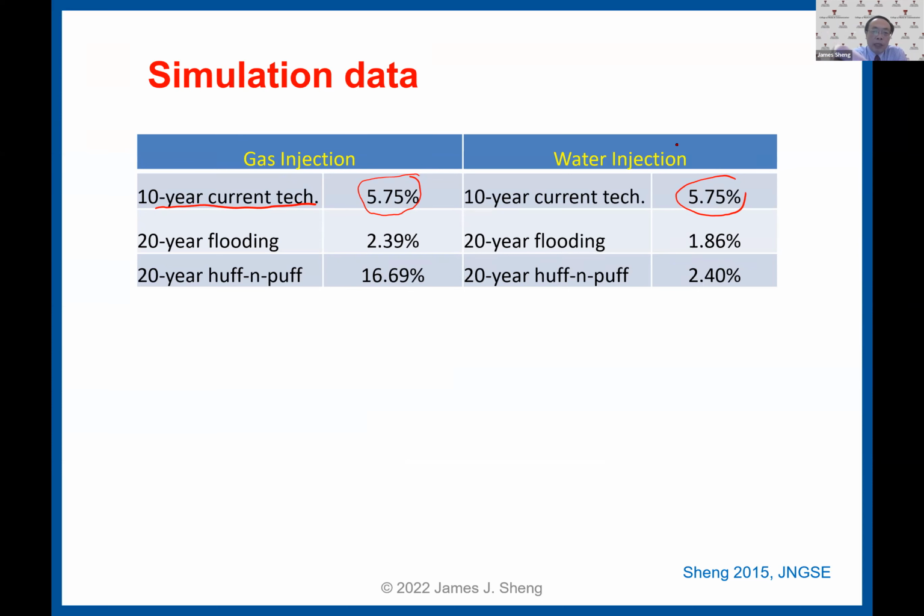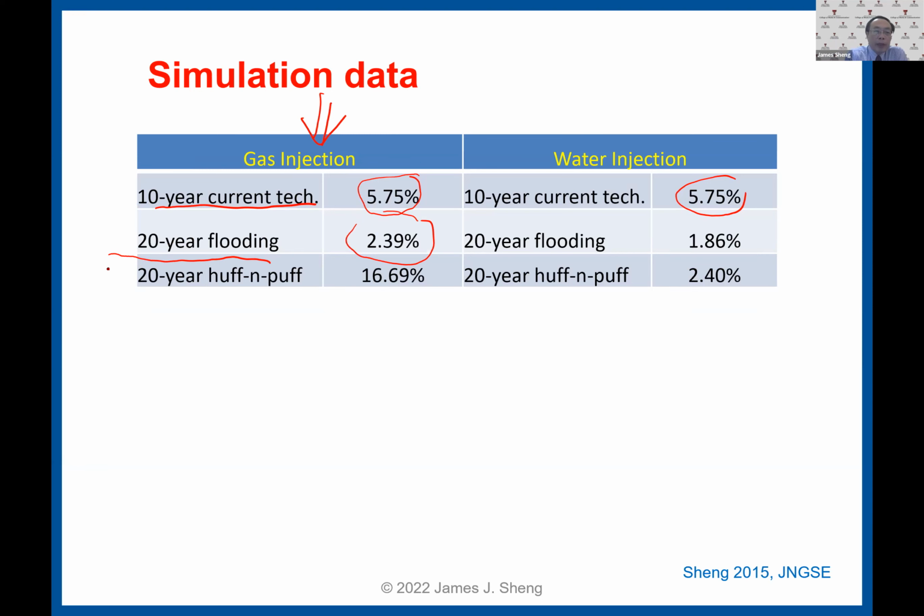Let's focus on gas injection first, in the left column. Based on this 10-year primary depletion, we go for 20-year gas flooding. In this case, the simulation actually uses nitrogen. For 20 years of gas flooding, we could get an additional 2.39% of oil.